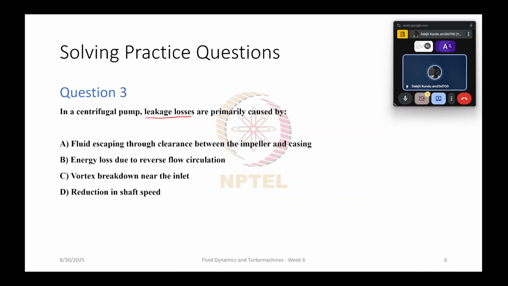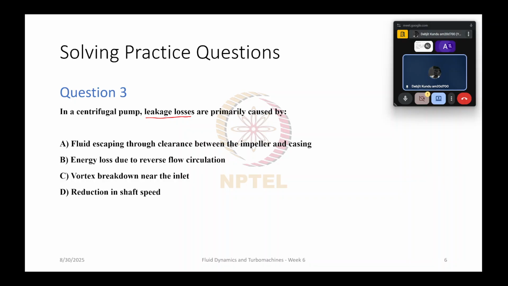What about this question? Question number 3. In a centrifugal pump, what causes leakage losses? Is it option A, fluid escaping through clearance between the impeller and casing? Is it B, energy loss due to reverse flow circulation? Is it option C, vortex breakdown near the inlet?